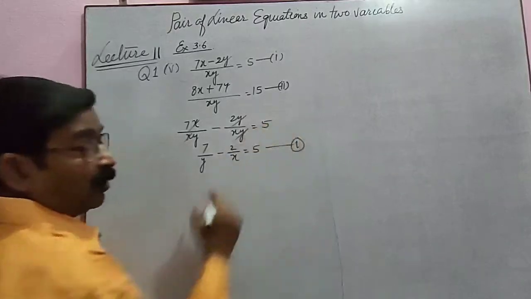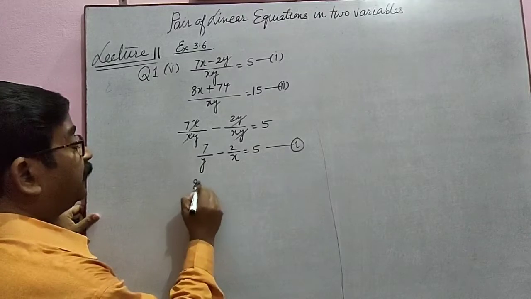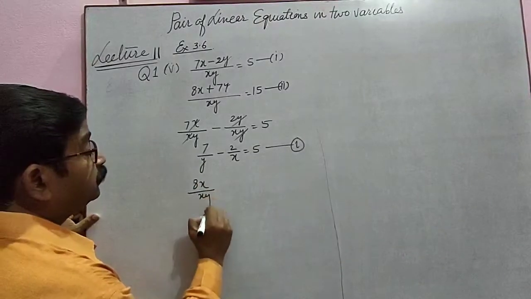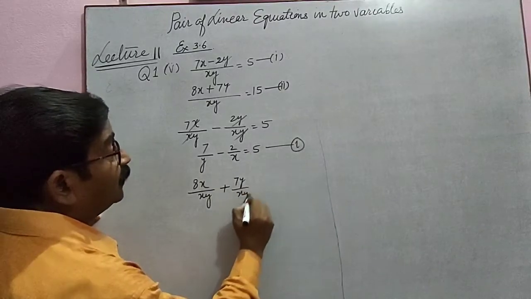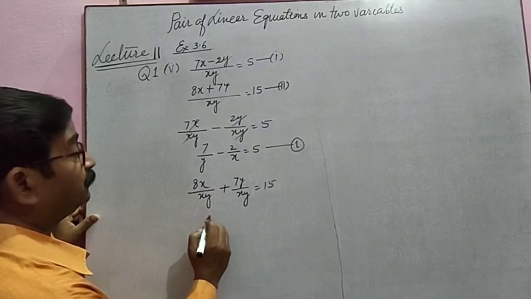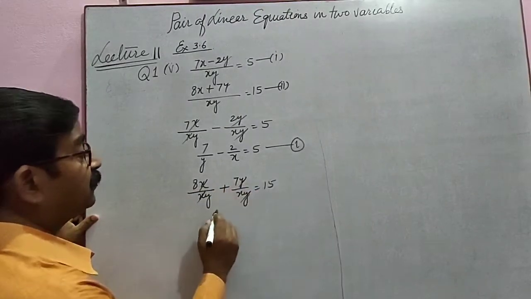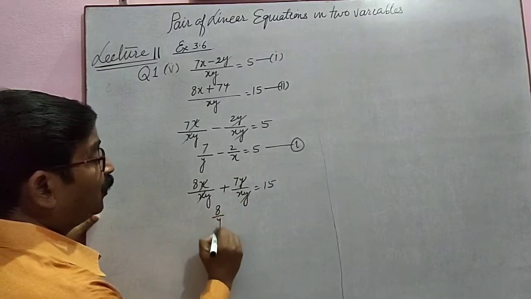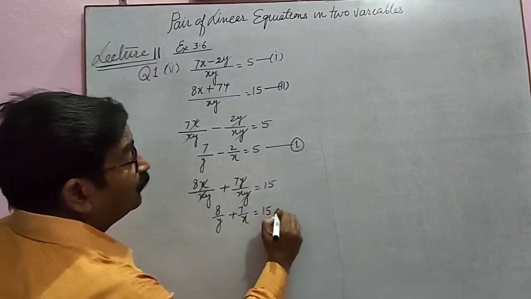Let us see question number 1. Here divide this: 8x upon xy plus 7y upon xy is equal to 15. x and x cancelled, y and y cancelled. What we have? 8 upon y plus 7 upon x is equal to 15.